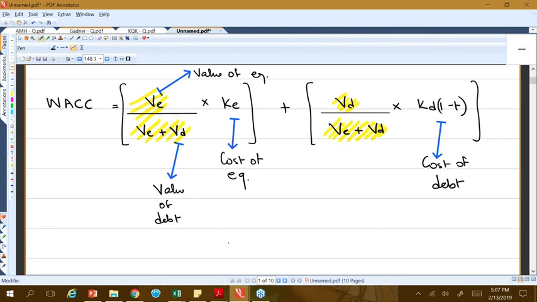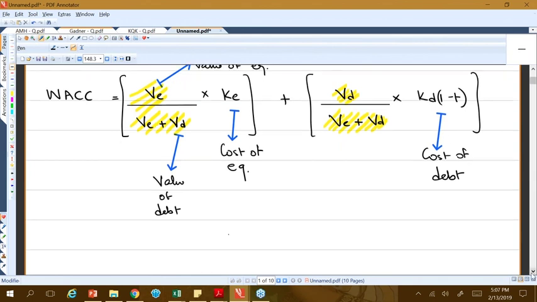So proportion of equity into cost of equity, proportion of debt into cost of debt. When I add these two, I get a cost for raising my equity and debt financing.